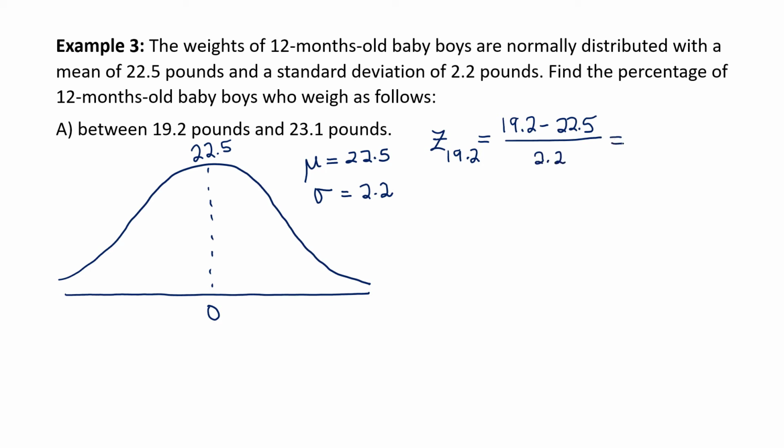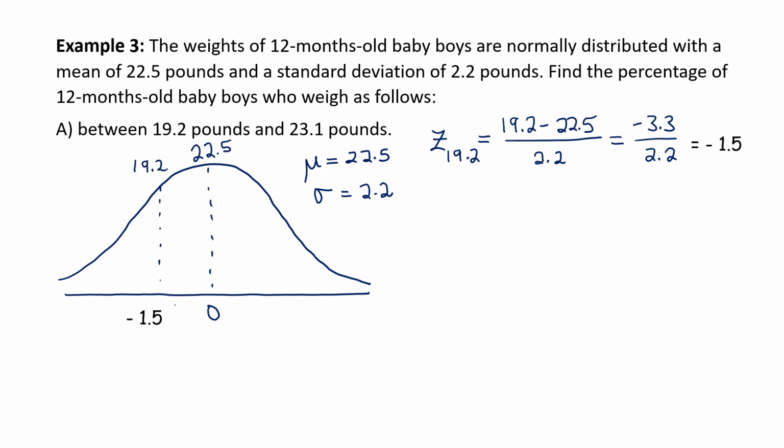The numerator, 19.2 minus 22.5, is negative 3.3, and we divide that by 2.2, so that's equal to negative 1.5. Let's mark that z-score on our bell curve. To the left of 0, I'll mark negative 1.5, and right above it, I'll write 19.2.